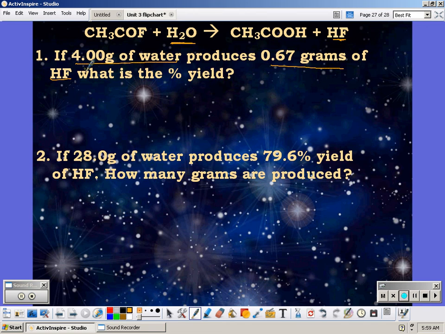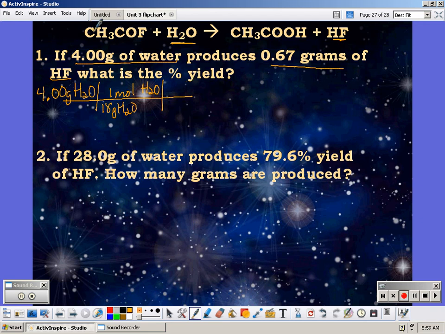So the first thing I want to do is figure out my theoretical yield. So I'm going to take my 4 grams of water and see how much of my HF I should get. So there's no coefficients given to us in the problem, so we need to double check that this problem is balanced.